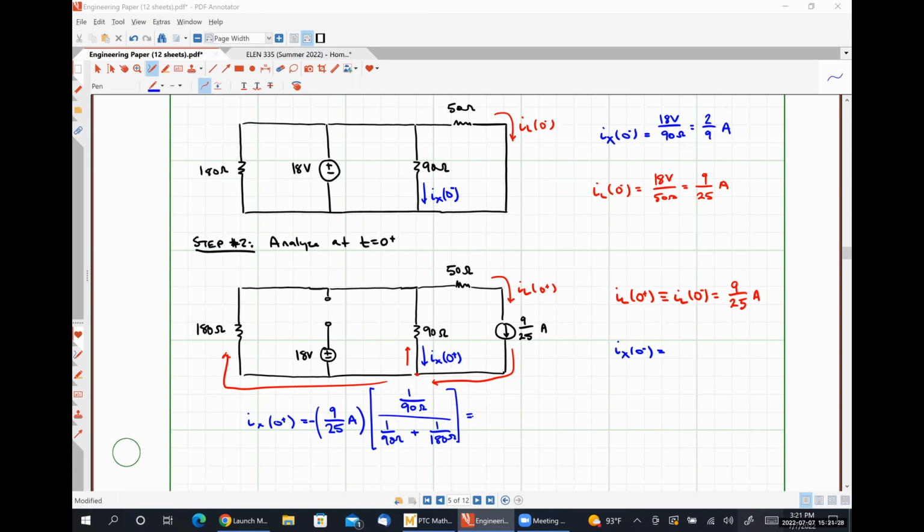I got negative 6 over 25 amps. If anybody else happened to put that into the calculator, could you please let me know whether or not you got the same result?